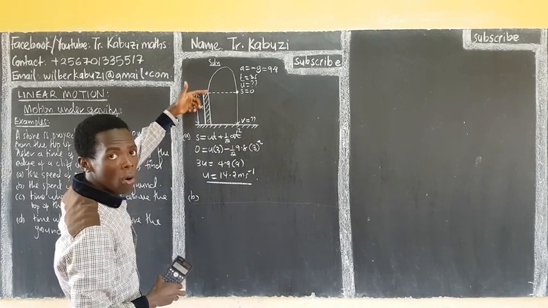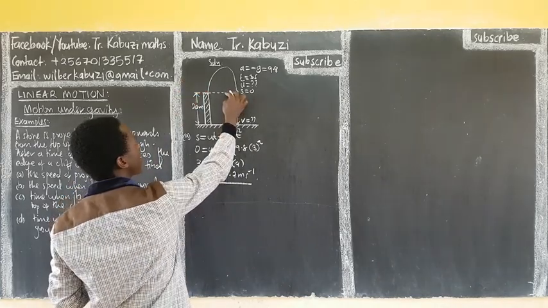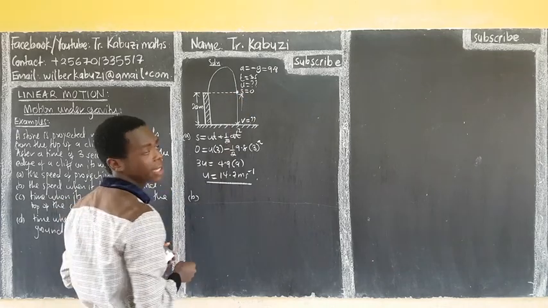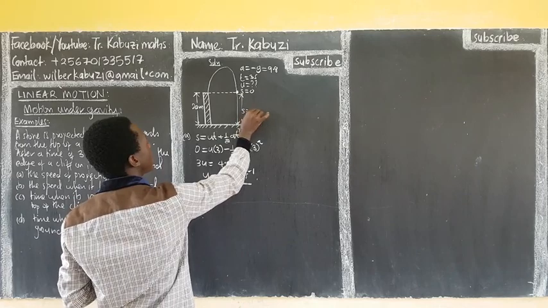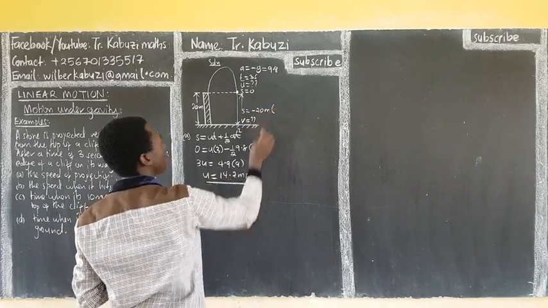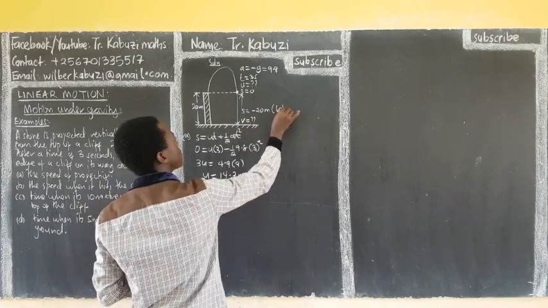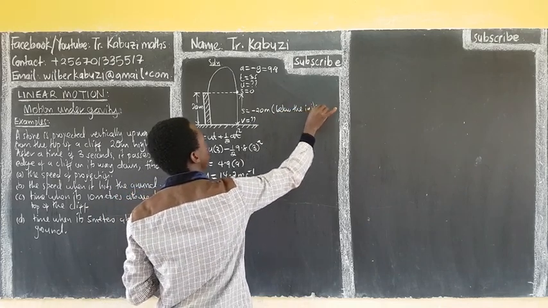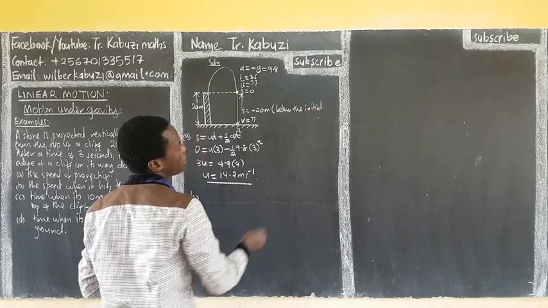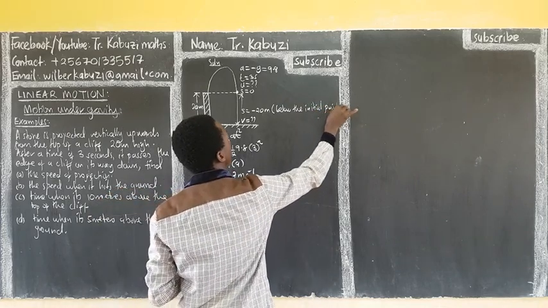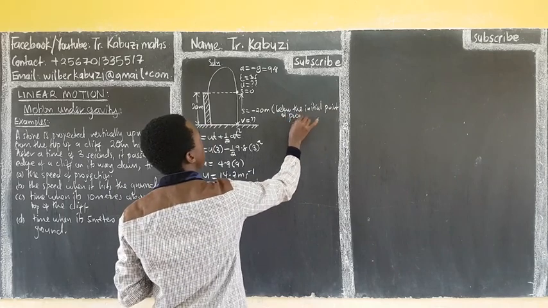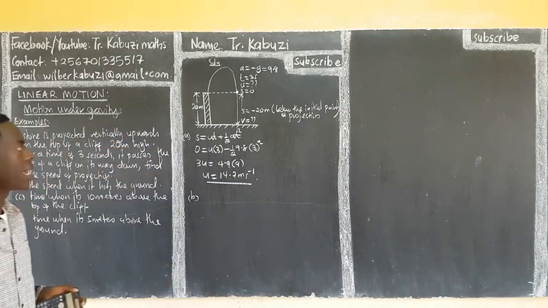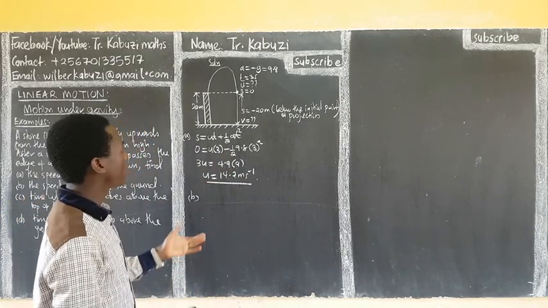Our s here is going to be negative 20 meters because it's below the initial point of projection. Whenever the body goes below the initial point of projection, it's negative, and the acceleration is also negative.